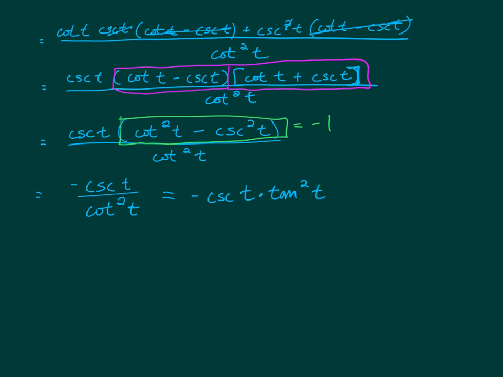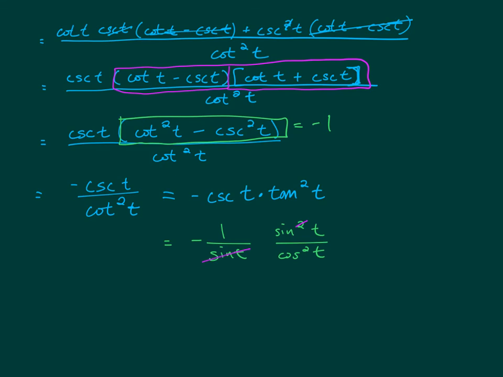And because of the nature of trig functions, this answer and this answer can both be rewritten many, many different ways. For example, you could write that the cosecant is -1 over sine t, and that tangent squared is sine squared t over cosine squared t, leaving you with a cancellation of a sine t.